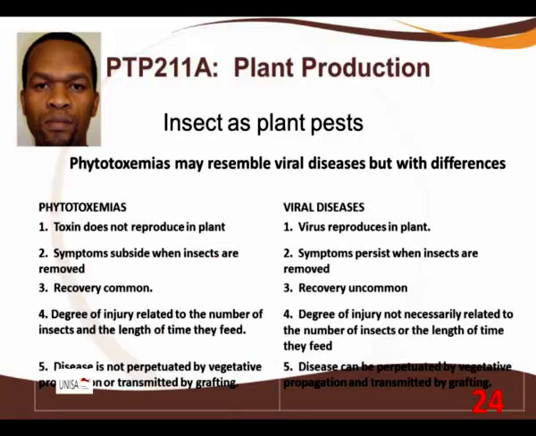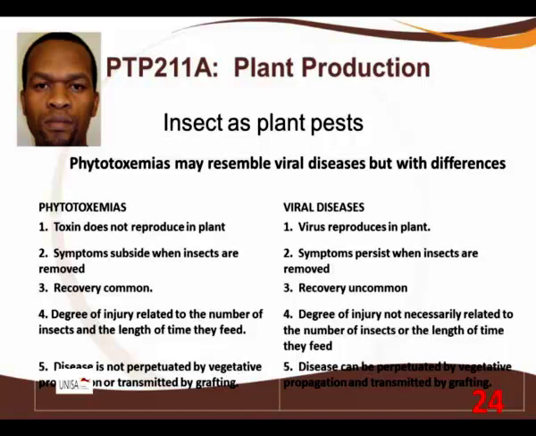Phytotoxemia varies in a number of ways from viral diseases. In phytotoxemia, toxin does not reproduce in the plant, while a virus reproduces in the plant. In phytotoxemia, symptoms subside when insects are removed, while in viral diseases symptoms persist when insects are removed. Recovery is uncommon for viral diseases, and recovery is common for phytotoxemias.